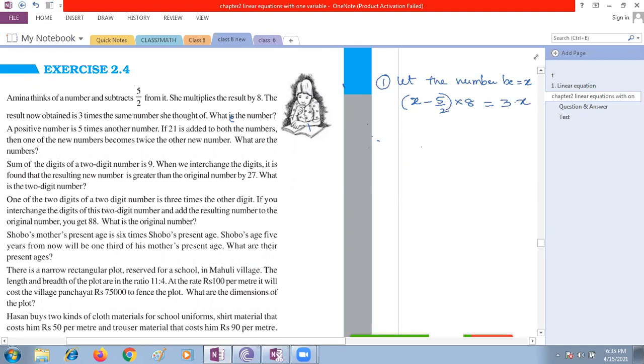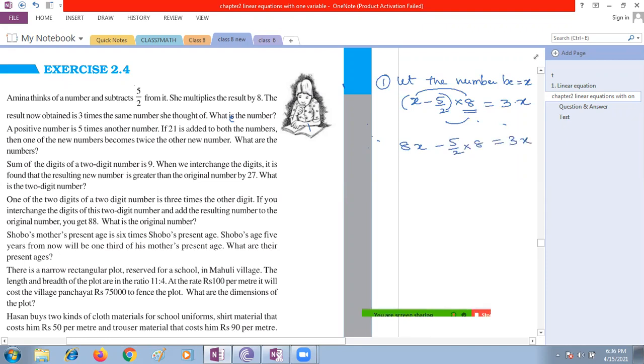Very good. Once you know how to write this equation, it is easy to solve. The number outside the bracket is applicable to both the terms inside the bracket. So you multiply x into 8, 8x, minus 5 by 2 into 8, which is equal to 3x.